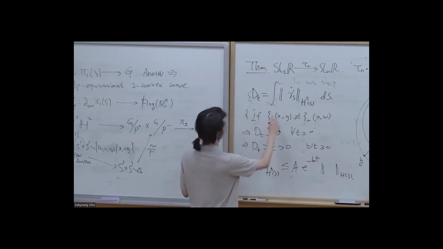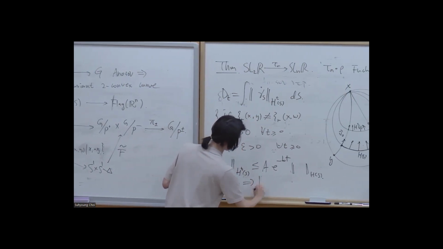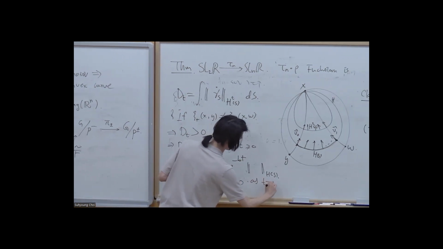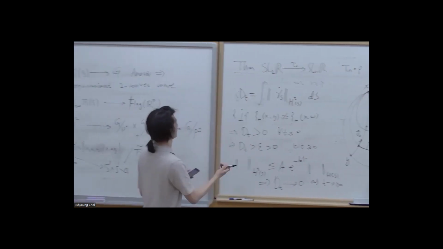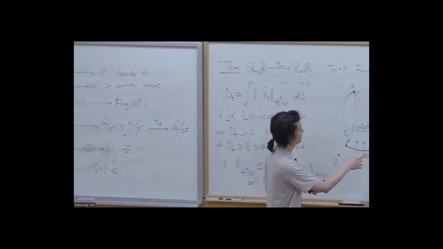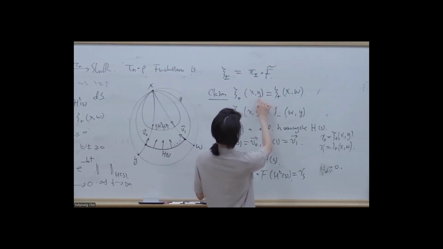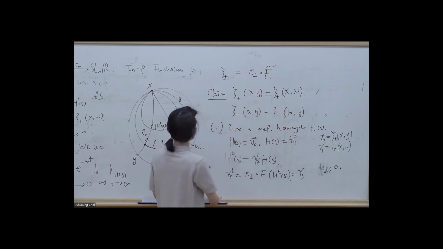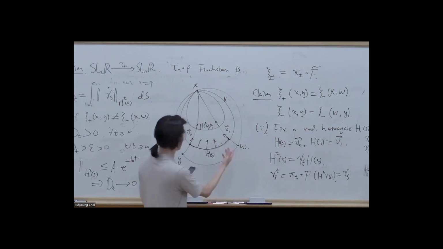Therefore, this quantity must go to 0 as t goes to infinity. That's the contradiction. So we must have the same value regardless of the second argument. And the second part is just the same.